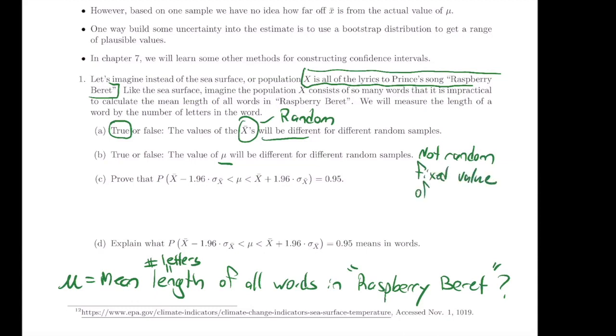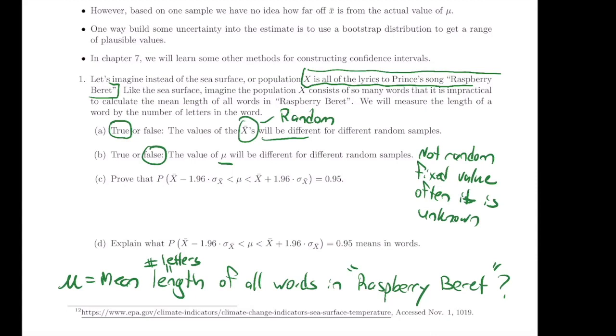We just often don't know it. But just because we don't know what it is doesn't mean that it's going to be different for different people. So the value that we're trying to approximate in the end is going to be the same for all of us. So the population mean is not random, but the samples that we get to make a prediction are.